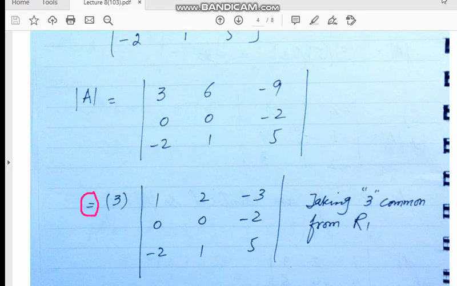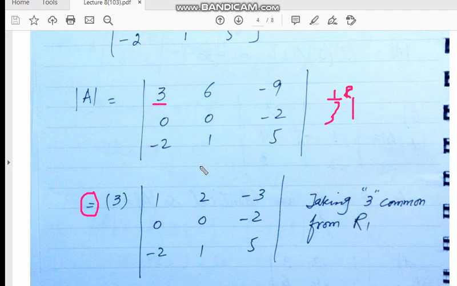Secondly, while making the pivot element equal to 1, in the case of matrices we multiply the row by the multiplicative inverse. Suppose we have to make this 3 equal to 1. In that case our row operation was 1 by 3 of row 1.